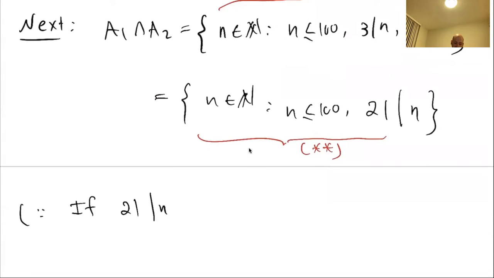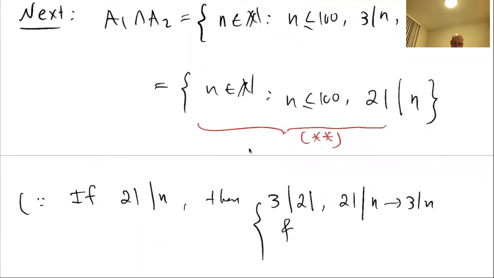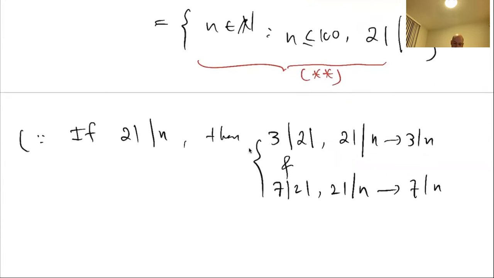Now, if 21 divides n, then 3 divides 21 and 21 divides n, so 3 divides n. And also 7 divides 21, and 21 divides n, so that means 7 divides n. So that means n belongs to star. So 2 star is a subset of star.